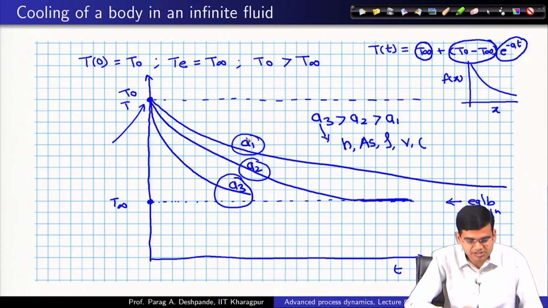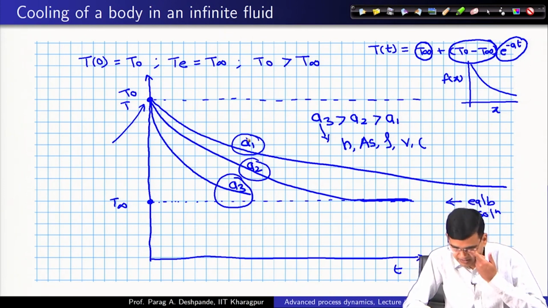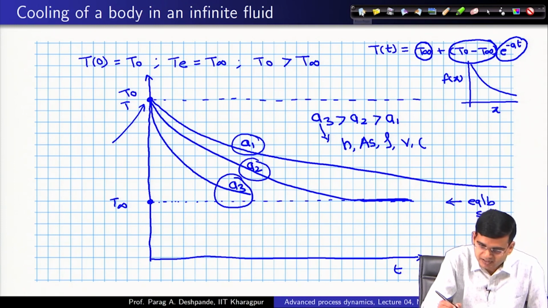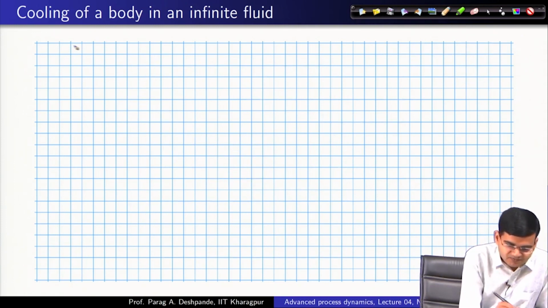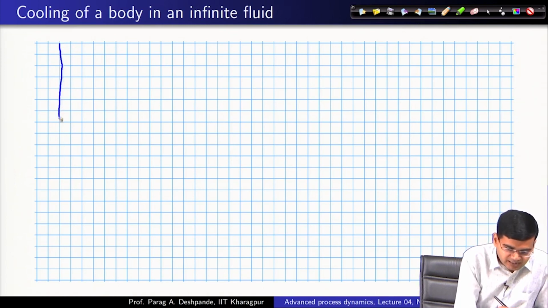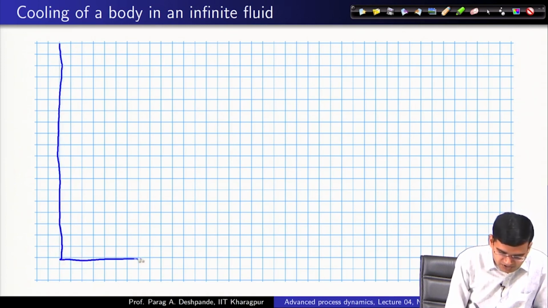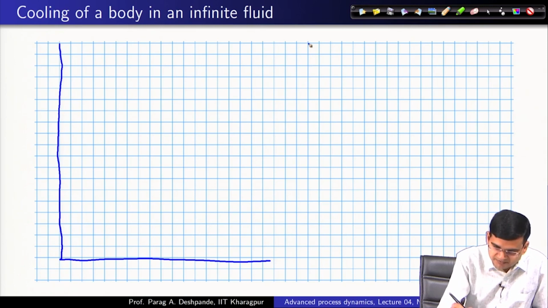These are the different solutions. Now, what I can do is make another set of phase portraits to give you an idea about the solution behavior.